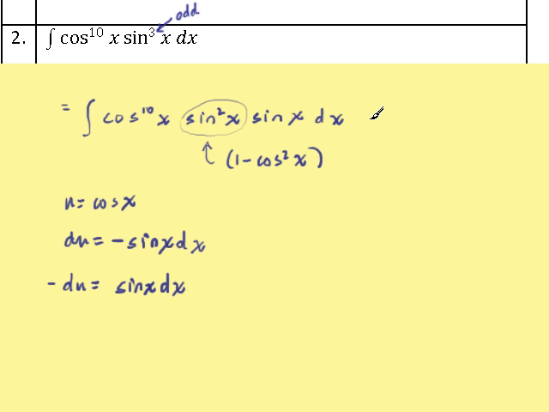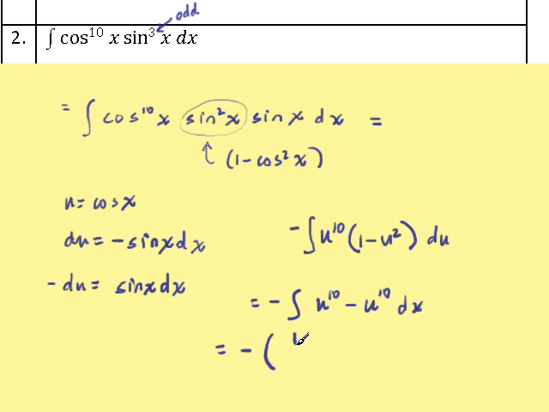So now we're ready to do our substituting. Instead of sine x dx, we have minus du. And here we have cosine to the 10th, that would be u to the 10th, times 1 minus u squared. And before we integrate, we have to multiply through. So here we have u to the 10th minus u to the 12th.